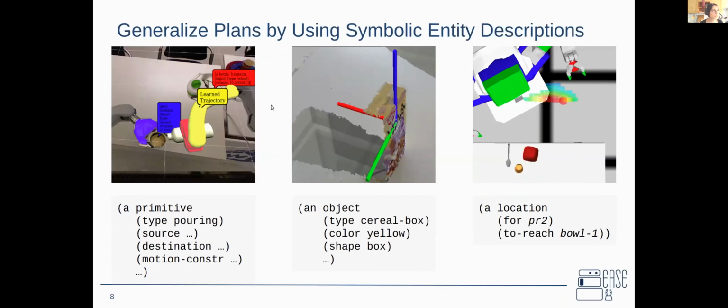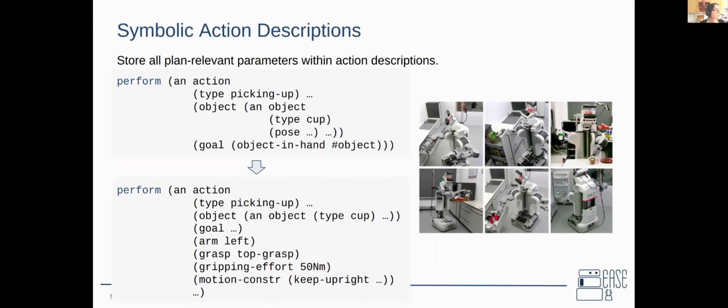And basically, by using these, you achieve a sort of abstraction layer over your execution domain in your plan. And then we also introduced action descriptions, symbolic action descriptions.